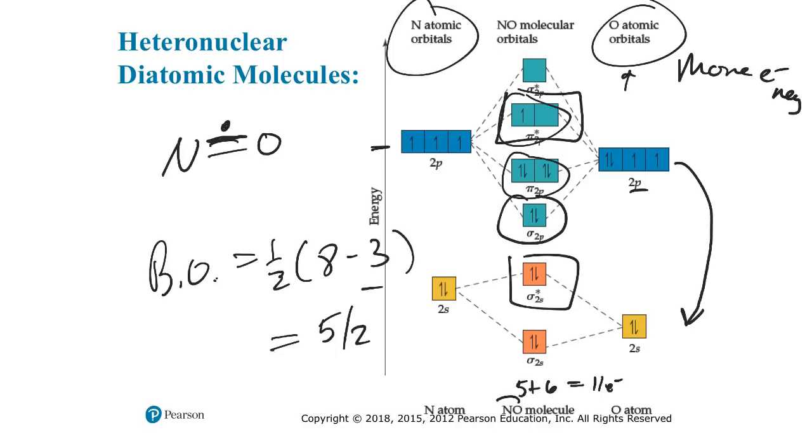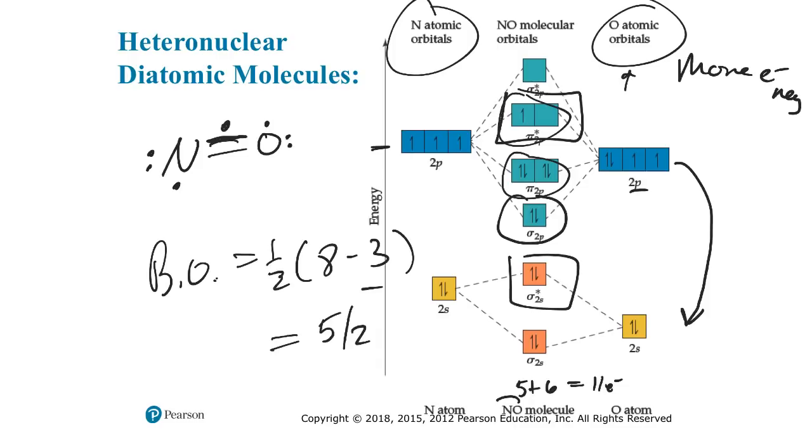Okay, so our non-bonding electrons might look like, in the case of O, N, and I think I have one more. That's 1, 2, 3, 4, 5, 6, 7, 8, 9, 10, 11.